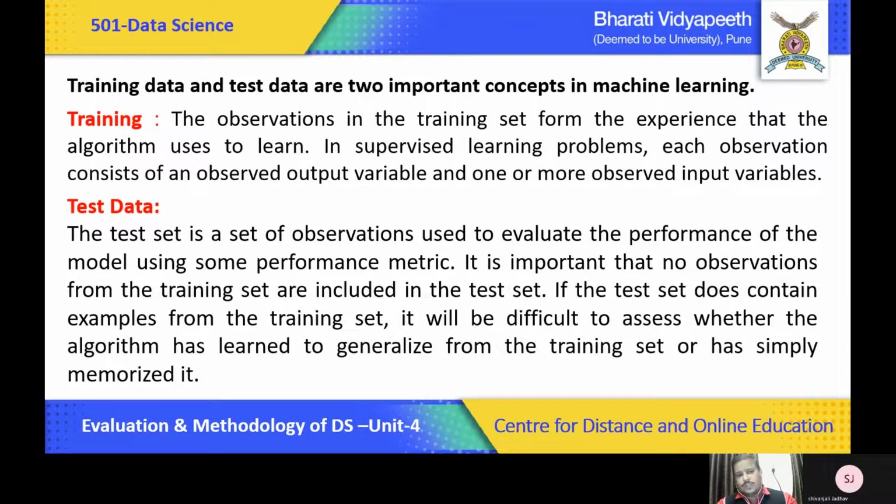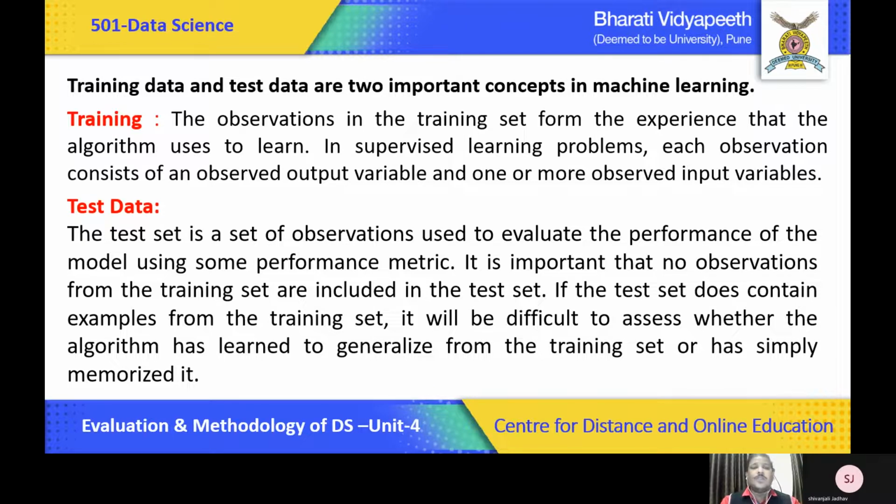So this is how we can define test data. The test set, or test data set, is a set of observations. Here also we have observations and some learning process. The test data set is a set of observations used to evaluate the performance.